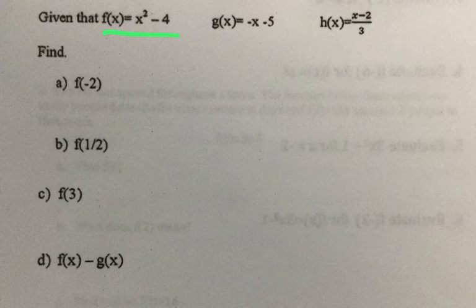And instead of saying f of x, I'm now evaluating it at a specific input, negative 2. So I am plugging in negative 2 for x. So this looks like negative 2 squared minus 4.